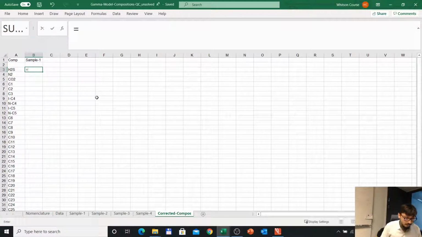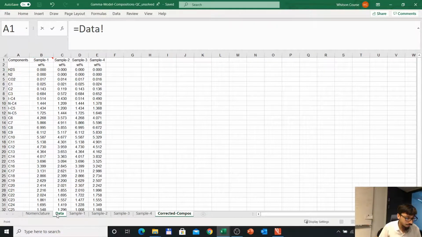For sample 1, we found out that there was no GC error, which means the total calculated mass and the lab reported mass were about the same. So we can use the same composition because there was no error. The corrected composition is the same as the original composition.